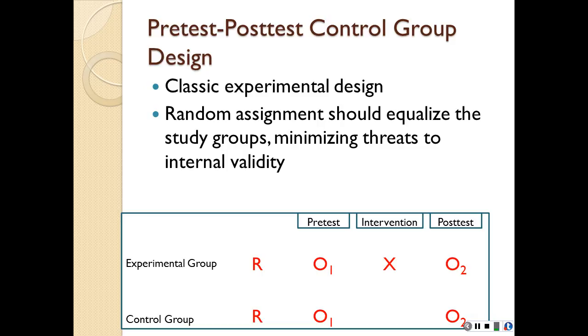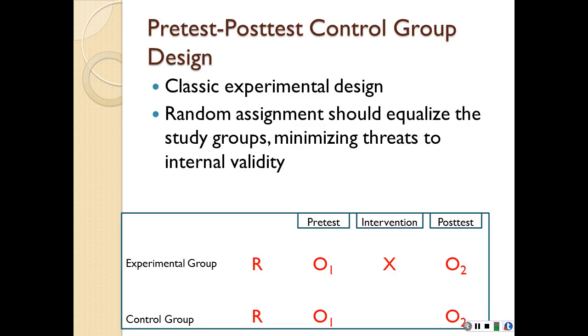Because if they were different at the beginning, and they're different at the end, but there was no change in between, we know that our randomization didn't work, right? But if they were the same at the beginning, and then they're different at the end, we can say, okay, yeah, our intervention worked, or our intervention backfired, those people got worse, one or the other, right?